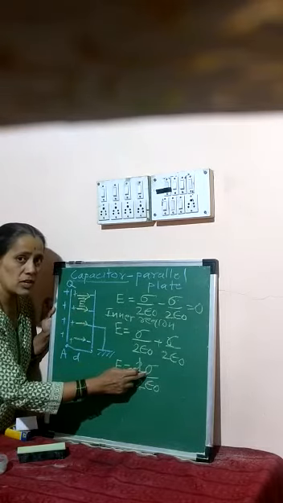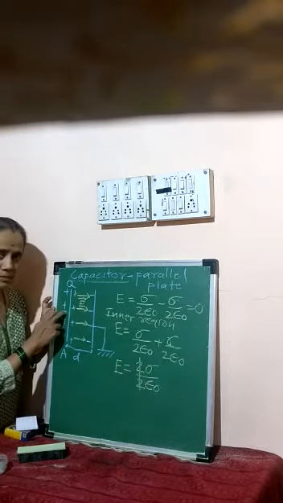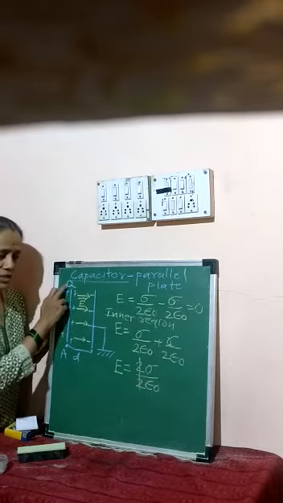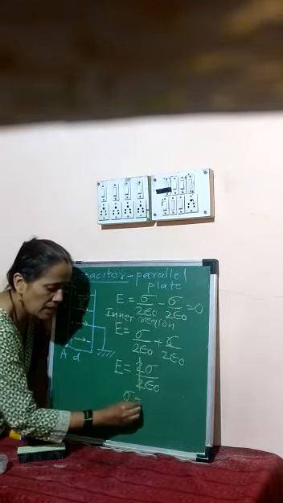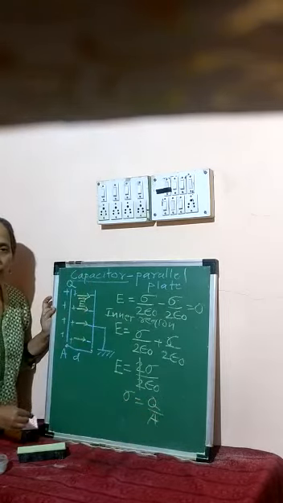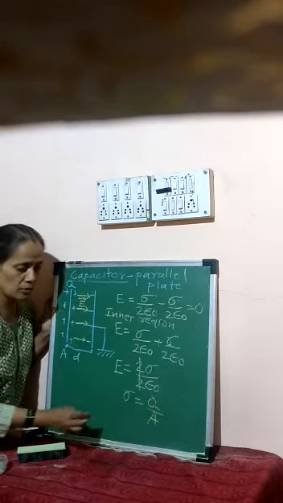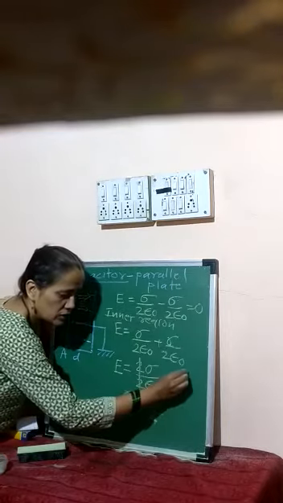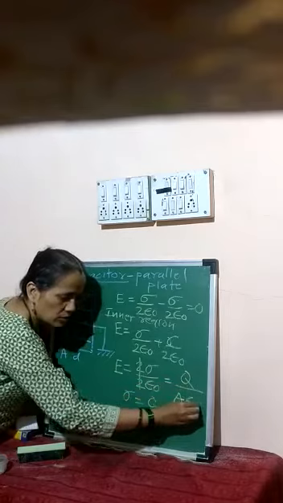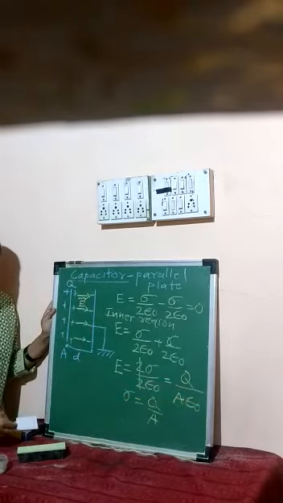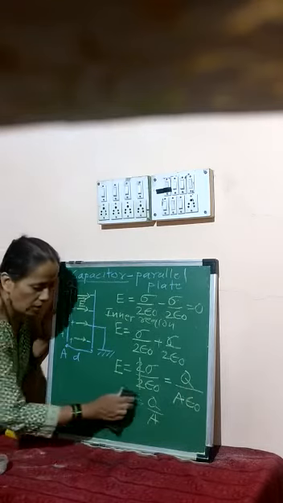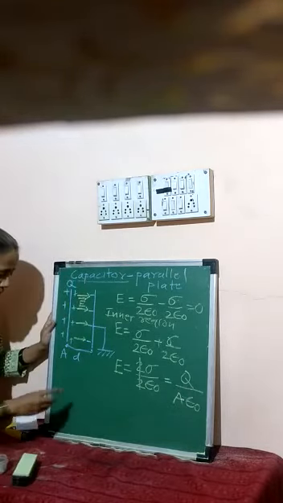Sigma is nothing but the surface charge density of the plate. The area of the plate is A and the charge is Q, so sigma is equal to Q upon A. If sigma is equal to Q upon A, the intensity equation becomes Q upon A epsilon 0. Now from that intensity equation I can write the potential.